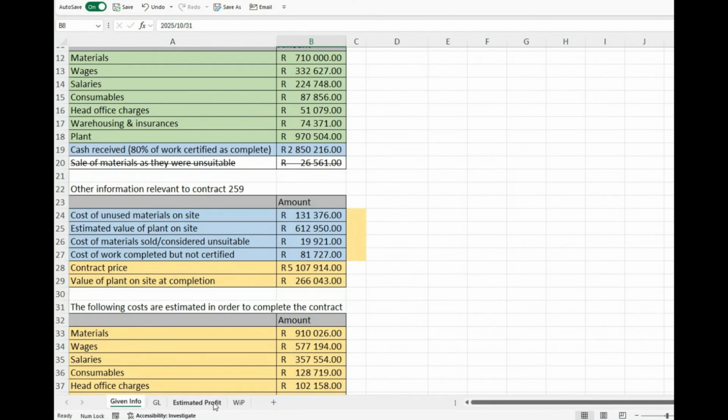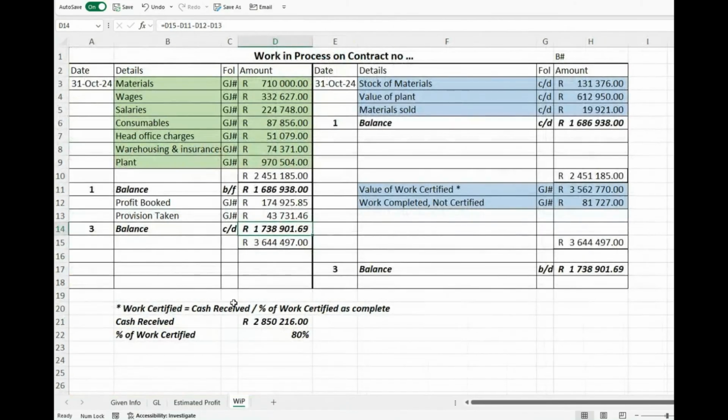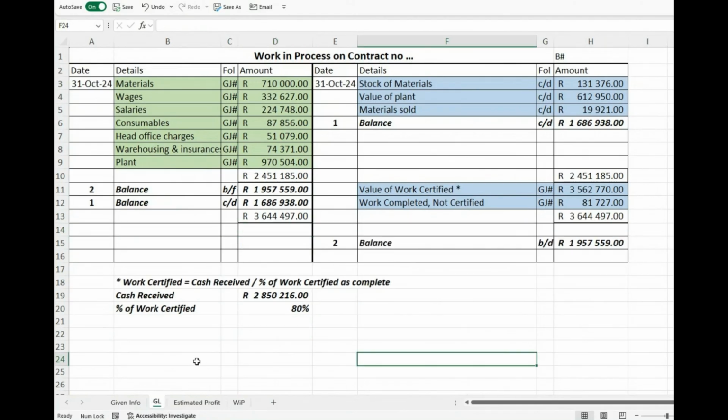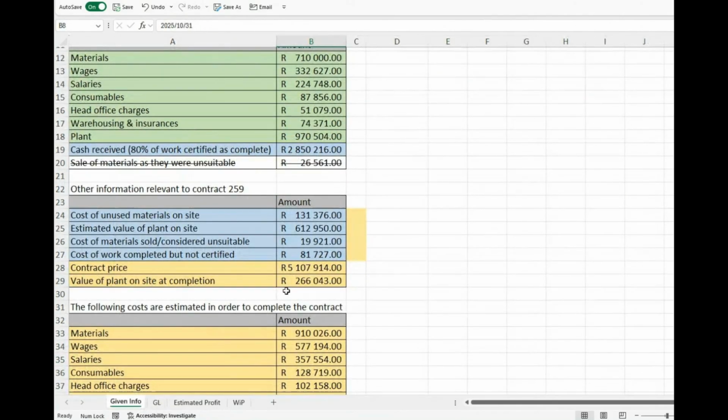Okay. And then you're going to use most of the information that was in your GL. You're going to use in this, what do we call it, the work in process contract. But you will also put in some of the information that you got from your estimated profit into there. So the first part of your work in progress account will look exactly like your GL.